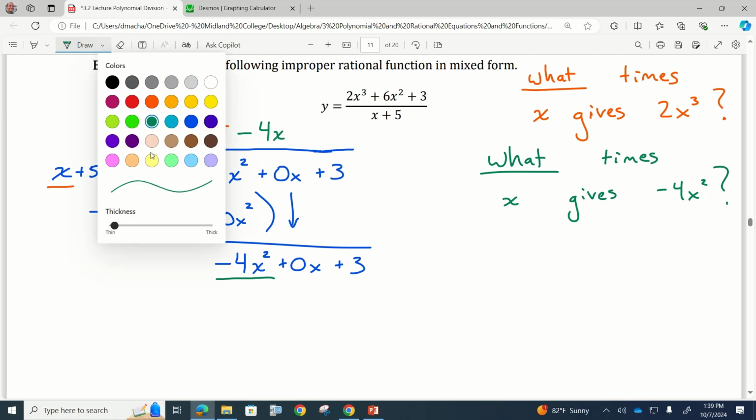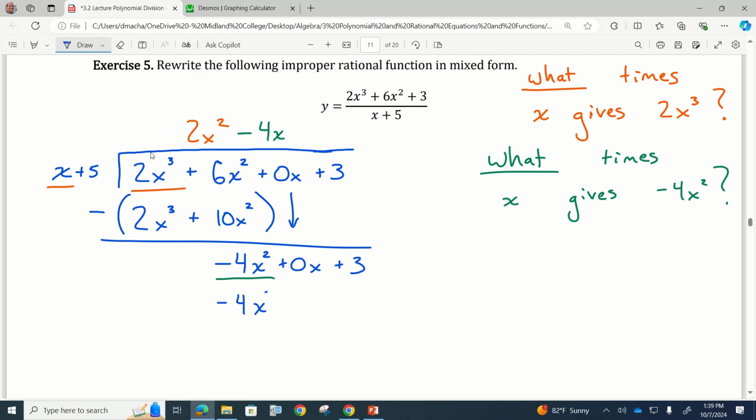So negative 4x times x gives me the negative 4x squared. And I also have to multiply negative 4x times 5 for a negative 20x. And then I put parentheses around that and I subtract. And I've got negative 4x squared minus negative 4x squared, that's 0. 0 minus negative 20 is positive 20x. And I bring down the 3.